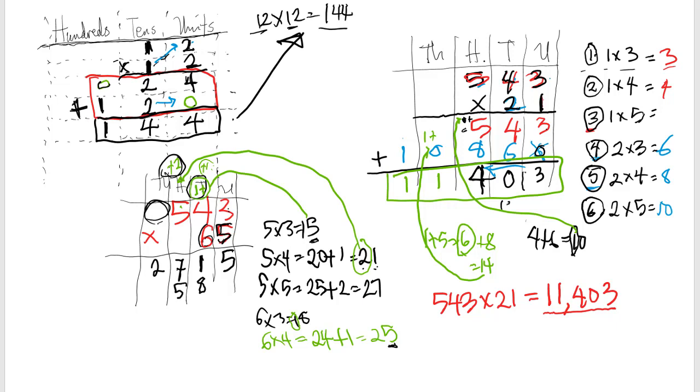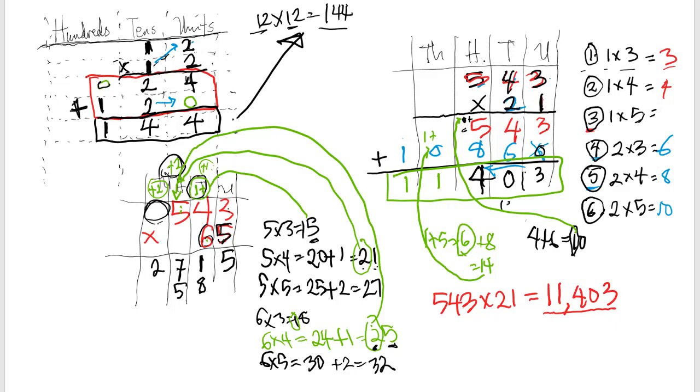Then we take this 2 to the next number, which is 5. We're going to add 2 to whatever we get when we multiply 6 by 5. 6 times 5 is 30. 30 plus these 2 gives us 32.